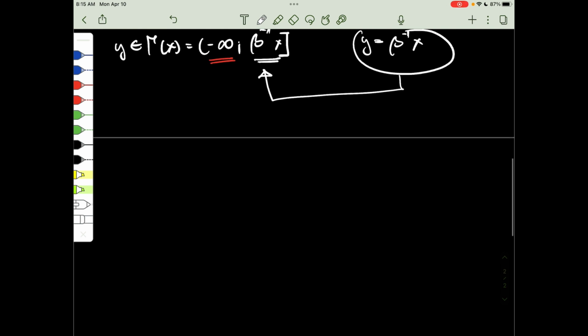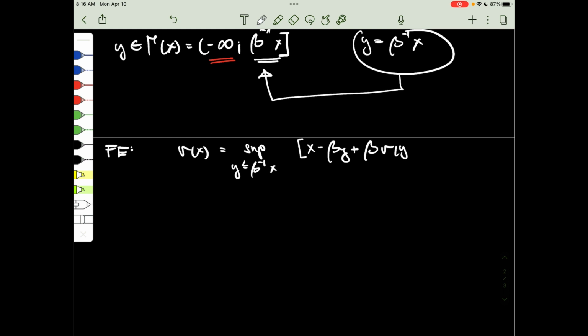So the functional equation on this ground is this. We cannot use the max operator because we don't know if the maximum exists, because we don't have a specific utility function.